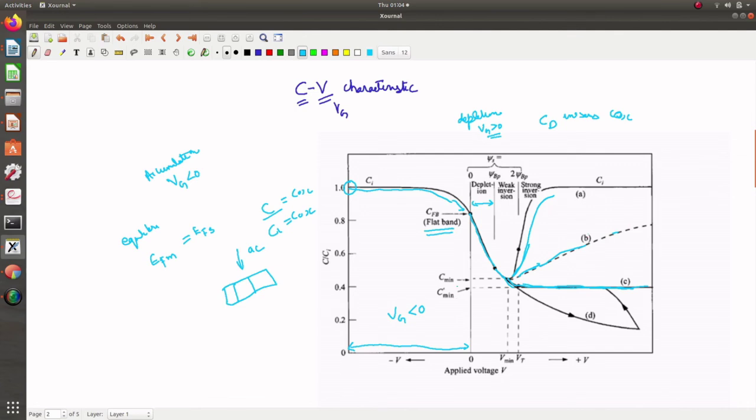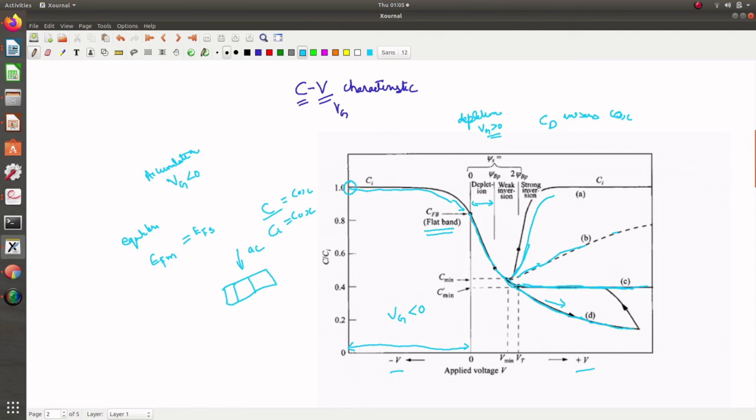Now there is another area in the CV characteristics, which is this area. This capacitance happens when we are moving from minus V to plus V in a quick fashion. If we change from minus V to plus V quickly, the capacitance will reduce further because the inversion capacitance is not coming into effect.